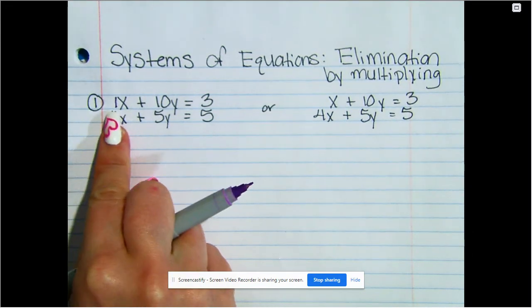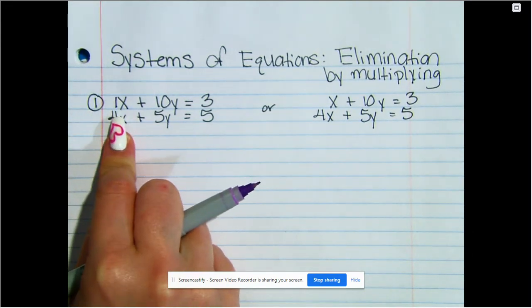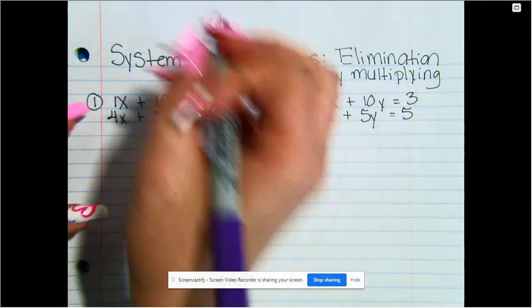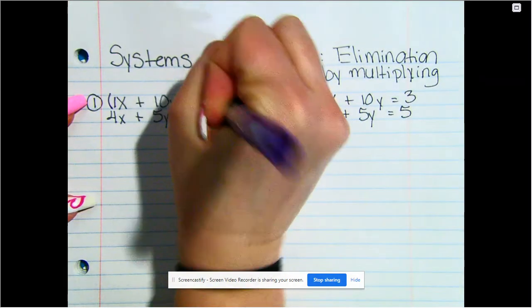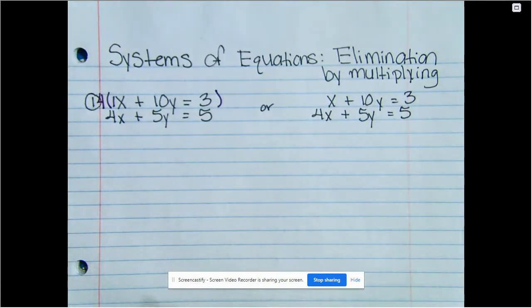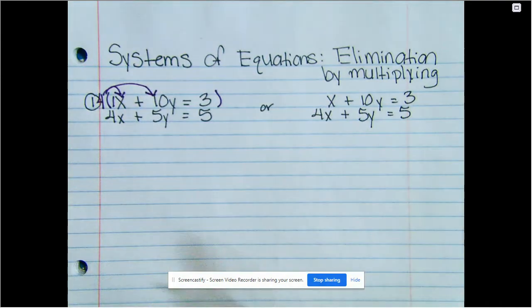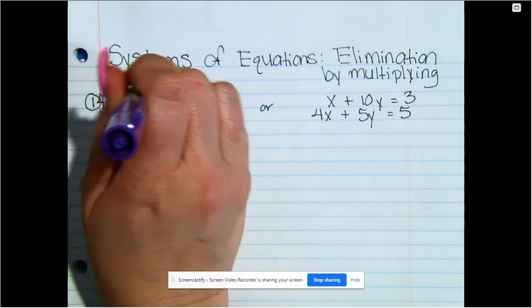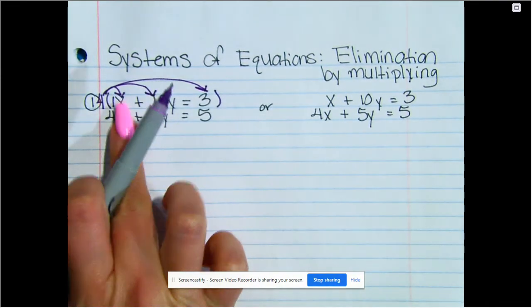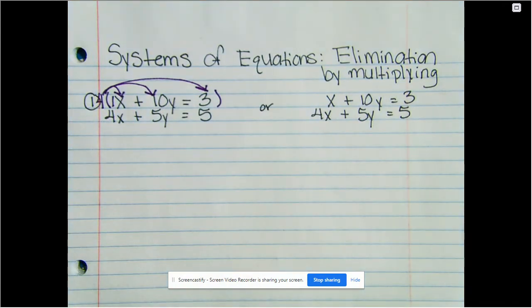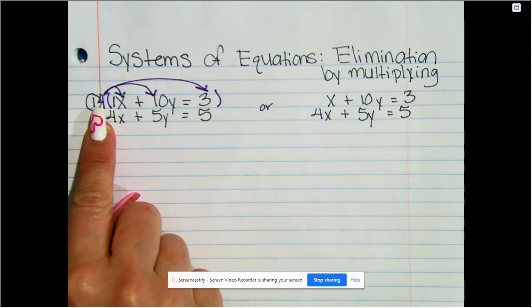So to make the x's have the same coefficient, I can multiply everything by 4, because 4 times 1 is 4, and that will cause my variables to cancel, create a zero pair, or be eliminated. Something else you can notice is I can subtract, which is completely fine, or you can multiply by a -4 and add, which is also completely fine.